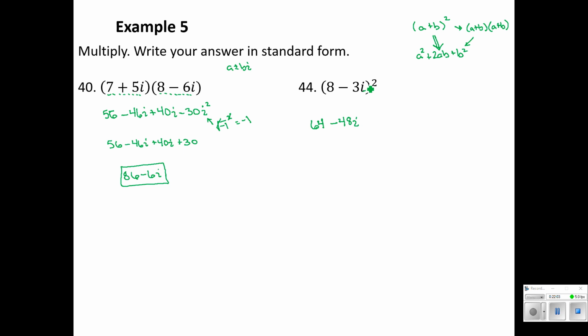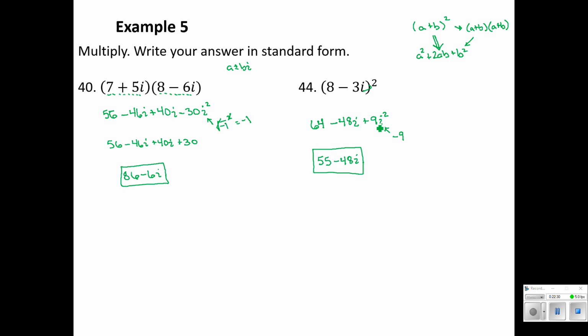And then the last thing squared, negative 3 squared is positive 9, and we got to square the i as well. Now remember, this i squared is meaning negative 1, so instead of plus 9i squared, it's actually minus 9 when we simplify that i squared. So I end up with 55 minus 48i for my final answer.